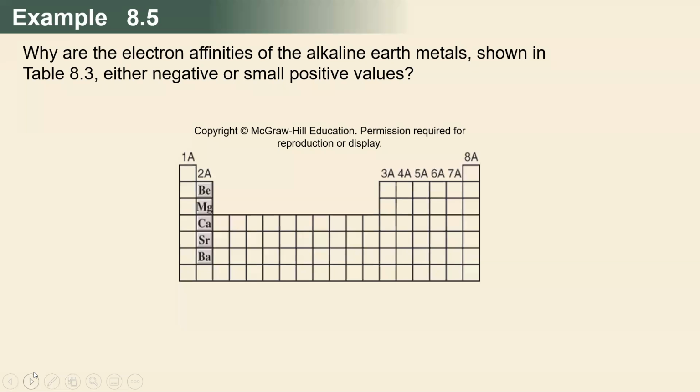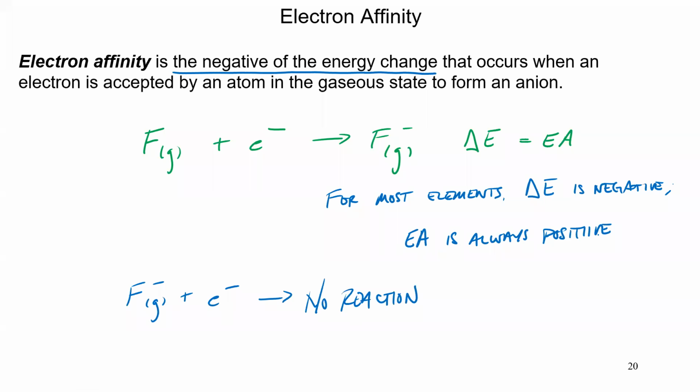So a quick example, and then we'll slide into some groups and do the class kick. The electron affinities of the alkaline earth metals are either negative or small positive values. So let me back up. I told you EA was always positive, because it's the negative of the energy change. If delta E is positive, then our electron affinity is going to be negative.